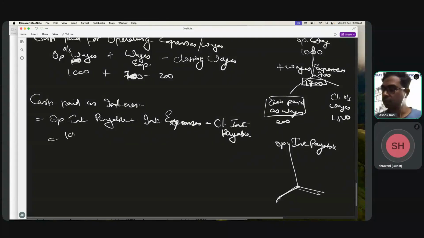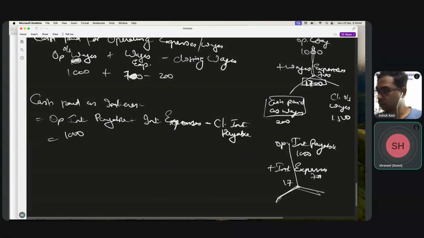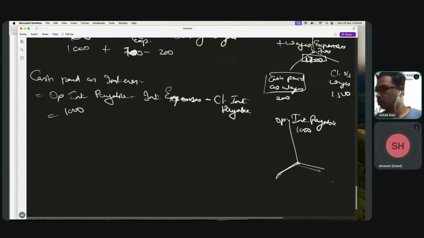So let's say again 1000 plus interest expenses 700, 1700, minus let's say closing interest payable 200.